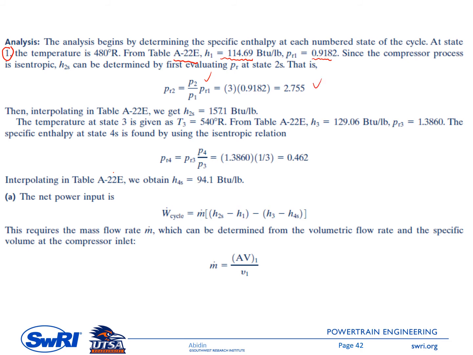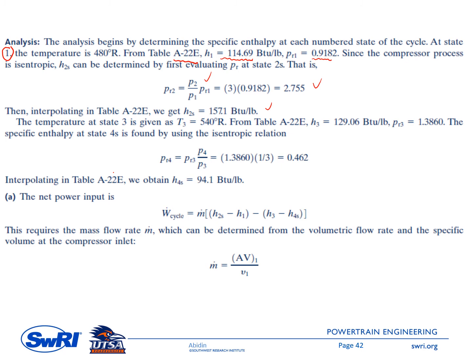P2 over P1 is given in the problem statement, this is 3, and PR1 is 0.9182, so we get a PR2 of 2.755. Then you need to go back to table A22E, and you need to do an interpolation to get the enthalpy at state 2S.